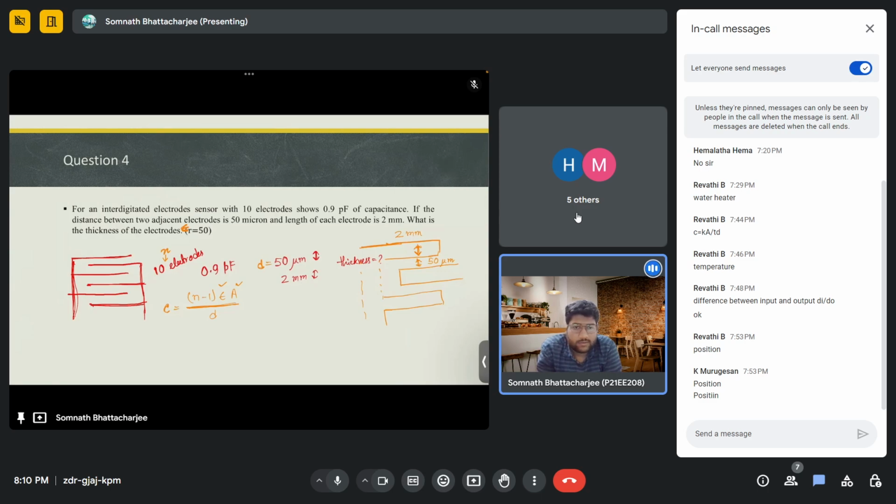Is anybody trying to solve this? Like how to get the values? You can also guess that as well. How to get the value of a, how to get the value of epsilon. Maybe I'll write this. So this is 9. This is the value of epsilon, the value of a, and this will be the value of... how to get the value of a and how to get the value of epsilon.